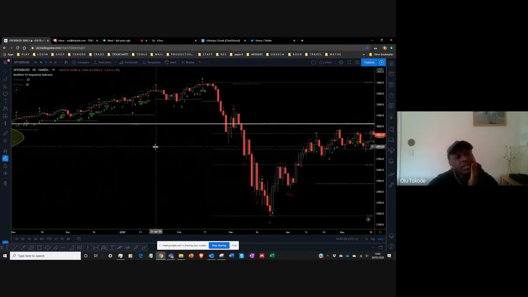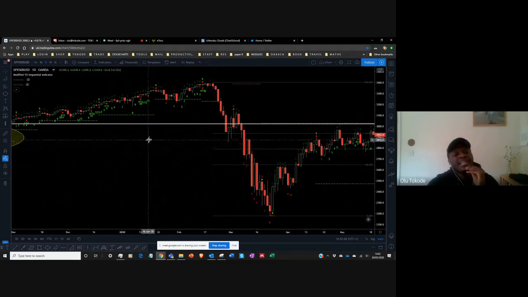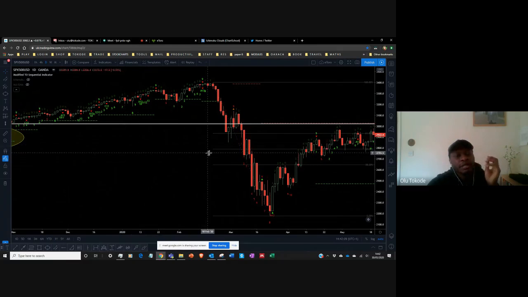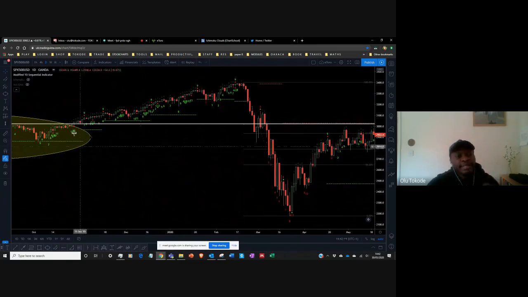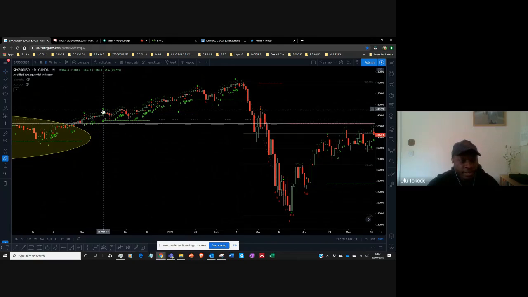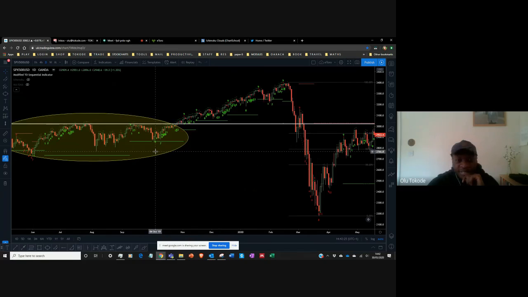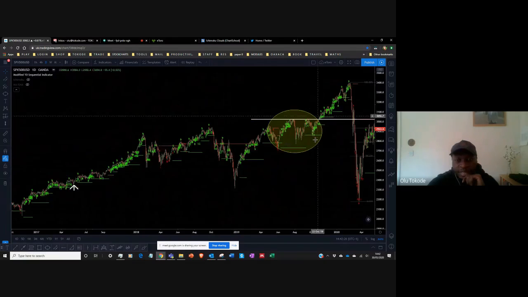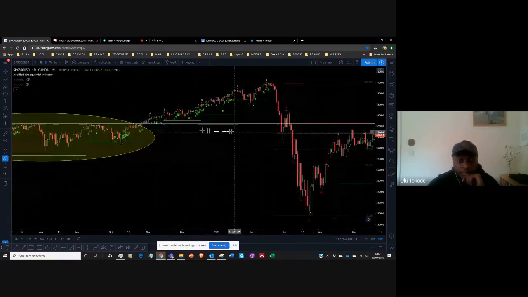So the thing is, it requires a little bit of experience, because see, it has been warning you from here. You have a sequential 9, you have another combo 13 here, another 9, another 13. So it's telling you that this bull run that we've been having for a long time is running out of momentum.